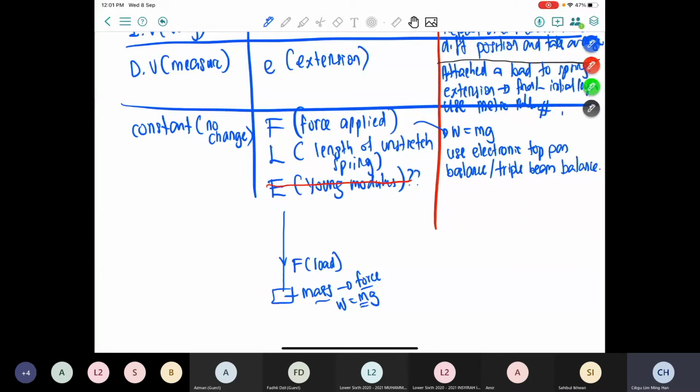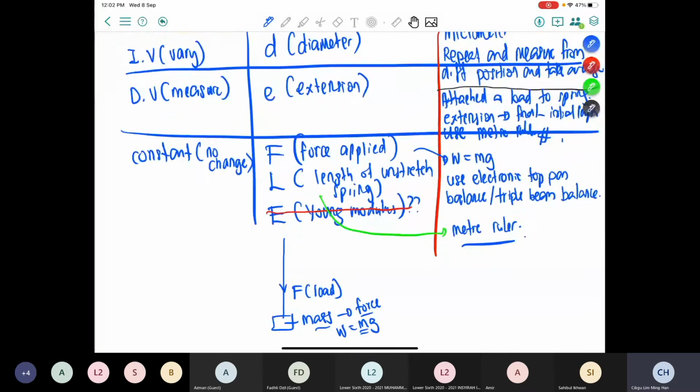So that is how you find the mass. What about length? Use a meter rule. So this length here you can use a meter rule. No need to be so precise. So done already. Alright, thank you, Fadli.